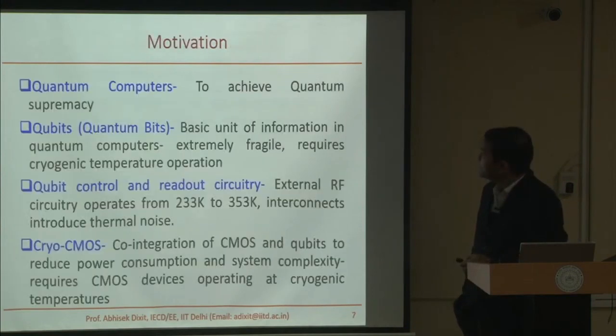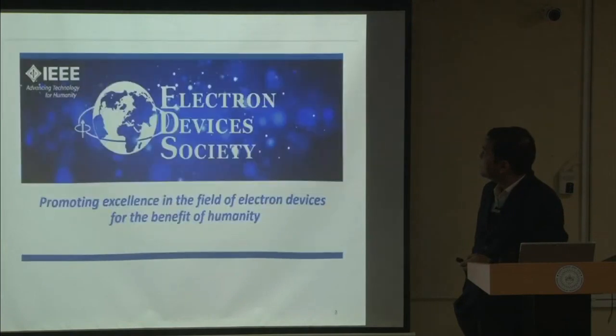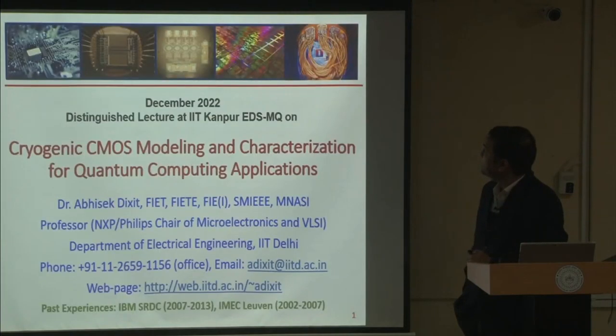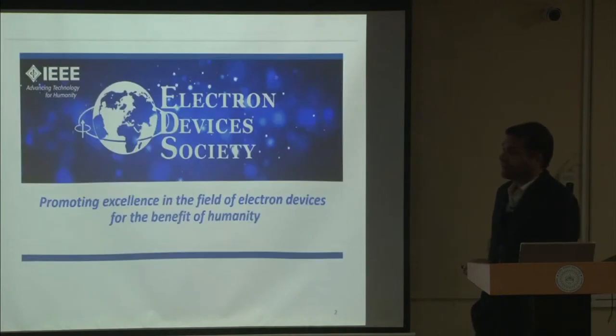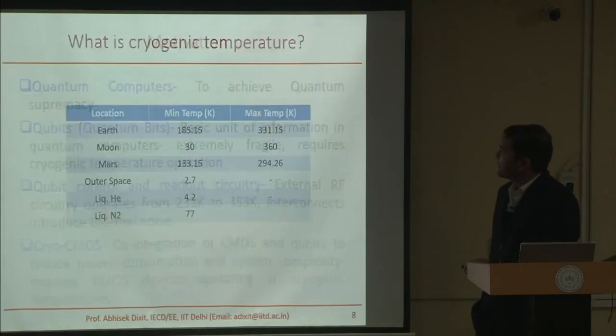If you go back to my very first slide, this is a view of how the inside of a dilution refrigerator looks. All these wires you see are your lines to connect your devices to the outside world.